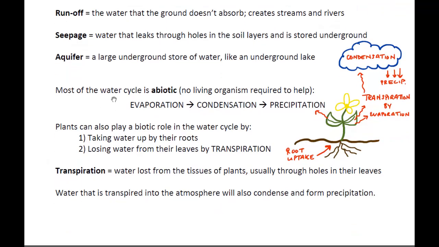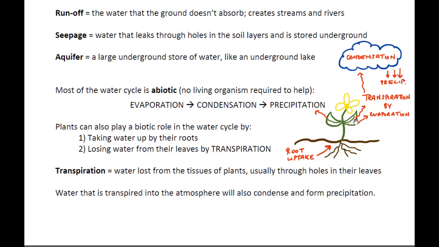Now, most of the water cycle is abiotic. It's what we just said there, where you have the evaporation and the condensation and precipitation. But living organisms also have a role. Specifically, plants have a very important role in the water cycle. Here's what they do. They take up water through their roots. They use the water for photosynthesis, and any extra water goes out through little holes in the underside of their leaves.